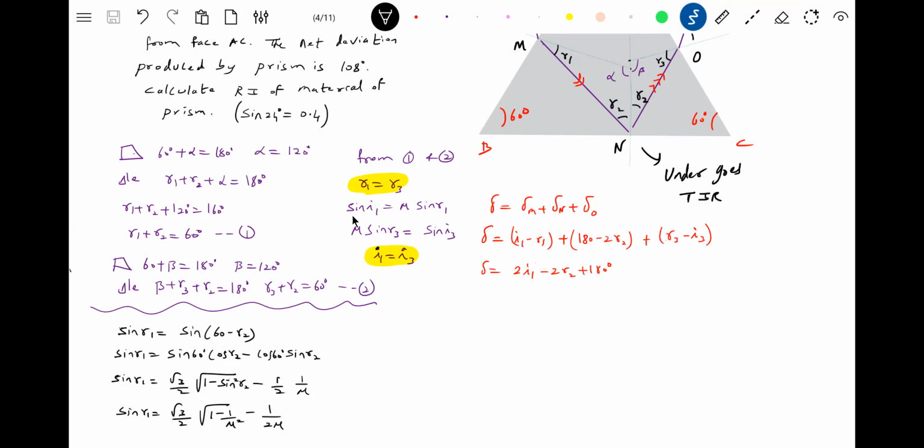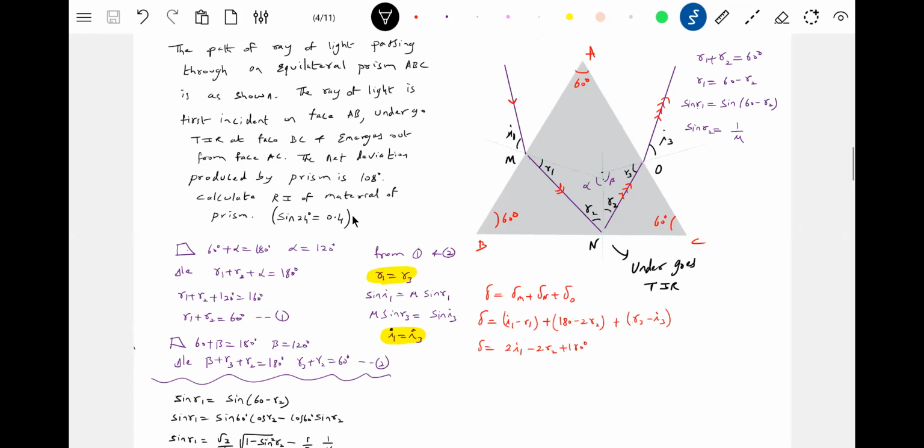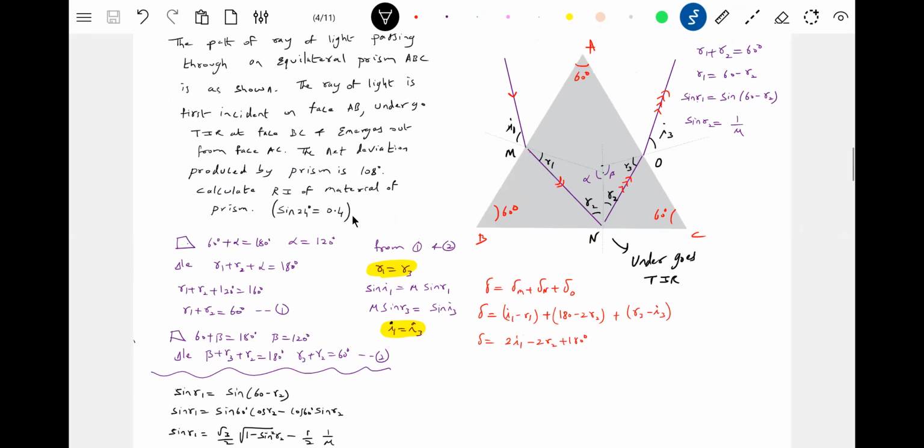I1 is needed, no? Can I find out I1? We have to calculate this I1.